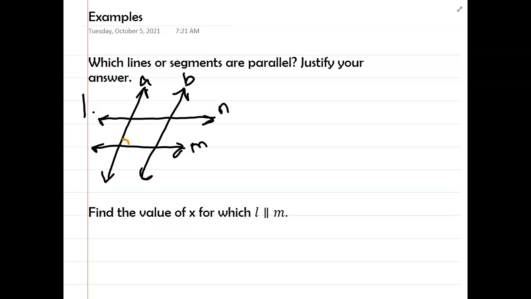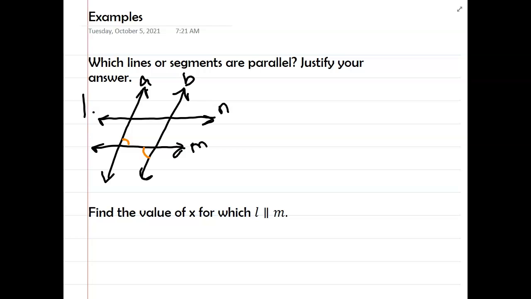So we'll say this angle and this angle are congruent. What I want to do is decide based off that information, because yes, both sets of lines look parallel, and it doesn't matter if they look parallel, if they don't tell me they're parallel, you can't assume they're parallel.